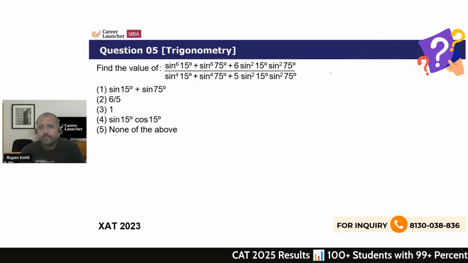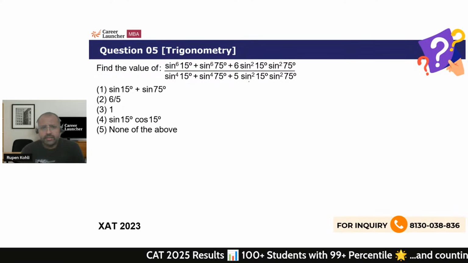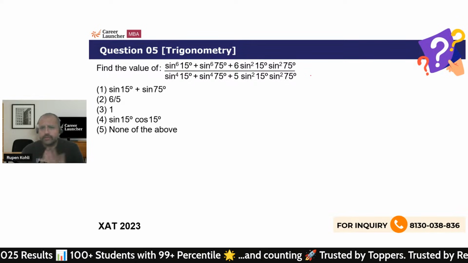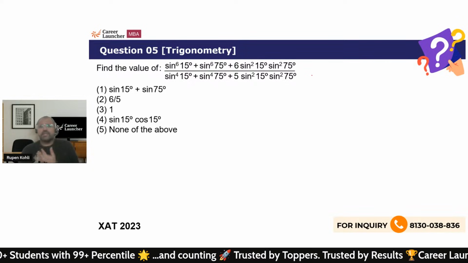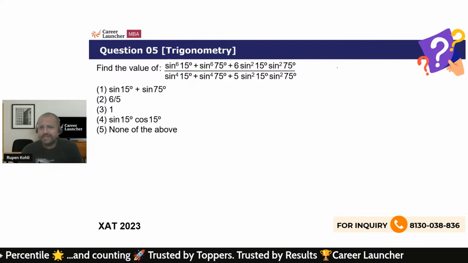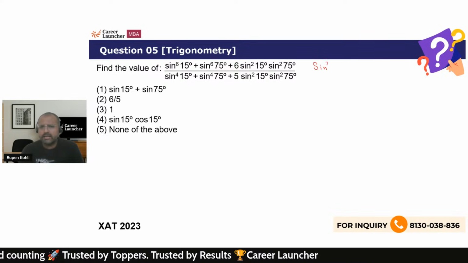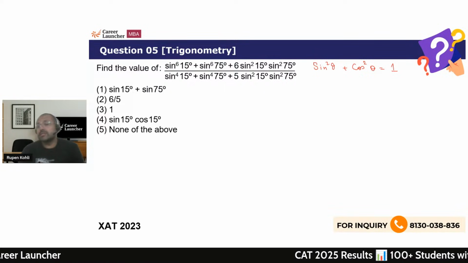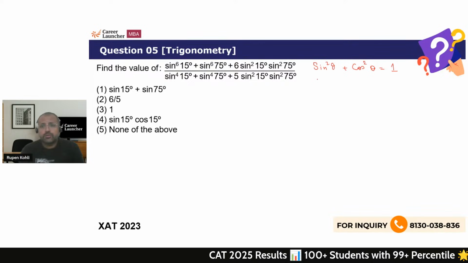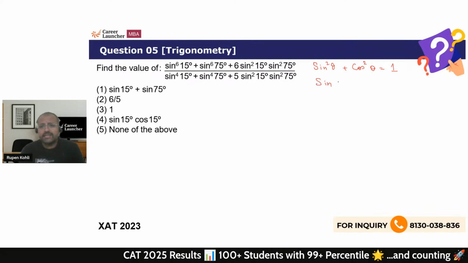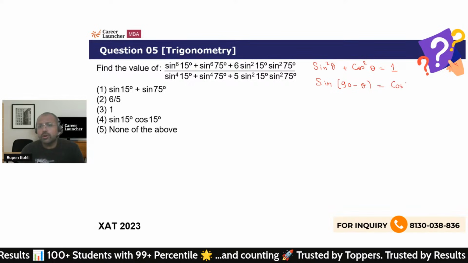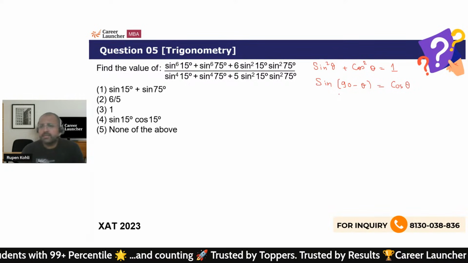Let's see. First thing that you should think is that everywhere we have sine theta. Now to make use of some trigonometric result, you must have sine as well as cos, because the basic result is that sine square theta plus cos square theta is 1. So that is a basic fact about sine and cos. And how can I introduce cos over here? One thing that we know is that sine of 90 minus theta is the same as cos theta, or the other way around, cos of 90 minus theta is sine theta.